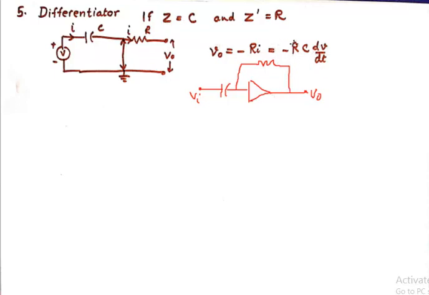So finally we get this formula for the output voltage, which represents differentiation. And it is very important to remember what is the value of Z and what is the value of Z dash in all these, and how are these symbolic diagrams represented using this virtual ground diagram. This will make the calculations very easy.